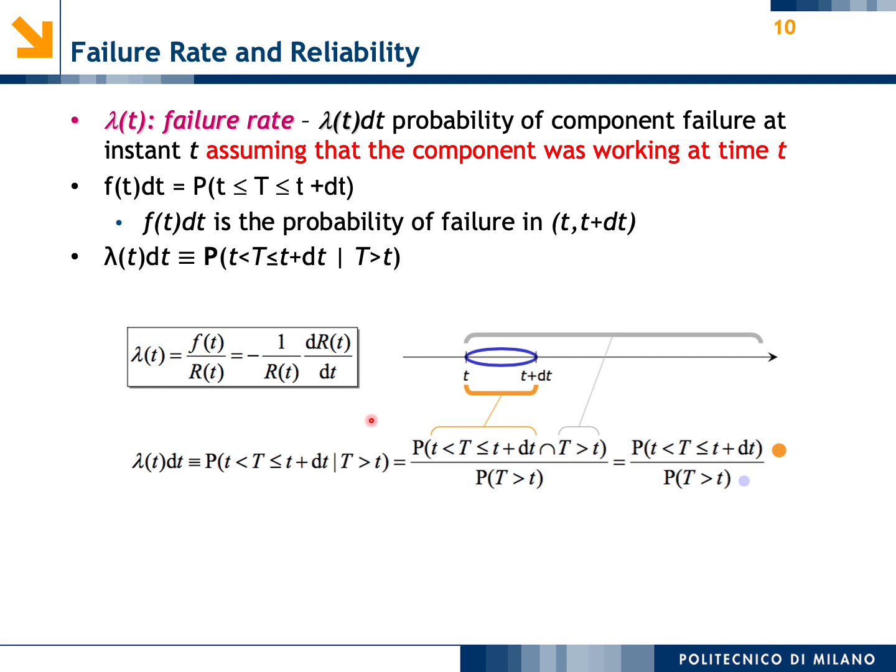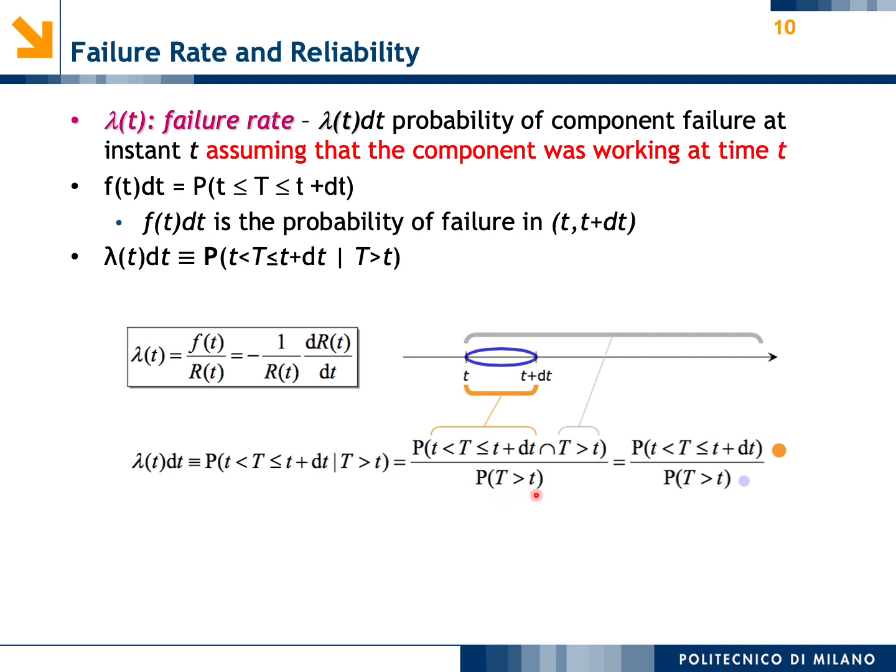If we express this probability, we can see that it is equal to the probability that the event t happens in the interval, intersect with the event t larger than t, divided by the probability that capital T, so the event, happens after t.